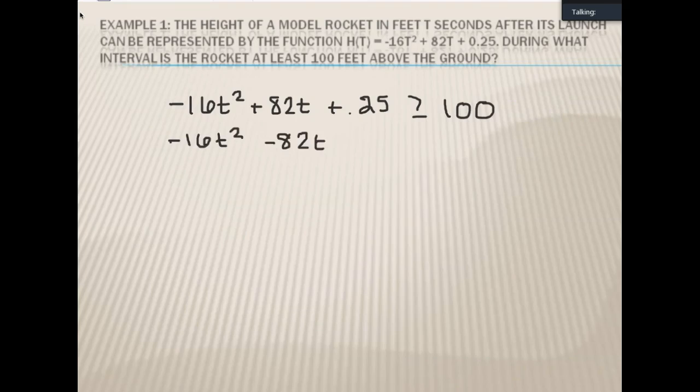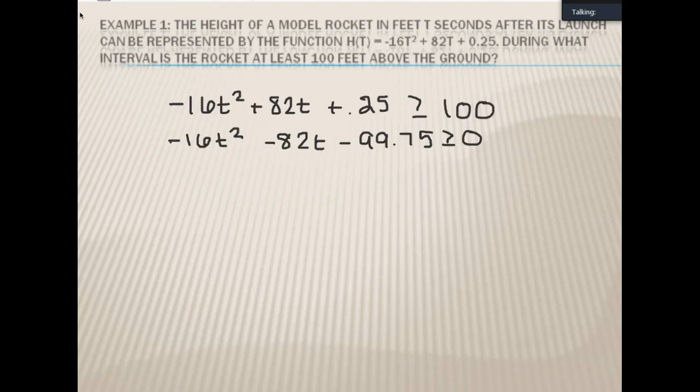So we're going to subtract 100 over to the other side so that we can find our function zeros. So by moving over 100, I can solve using quadratic formula to find my roots.